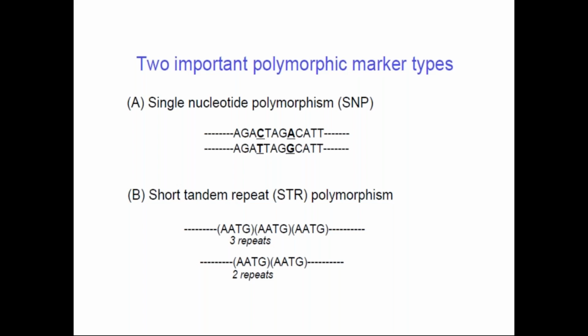A SNP is nothing but a sequence or site of genomic DNA in which a single nucleotide is mutated, and when we compare these regions from individual to individual, we see variation in terms of the single nucleotide. This type of region is known as a SNP. Many different types of SNPs are present in our genomic DNA.